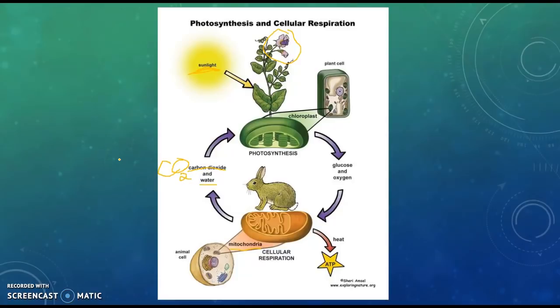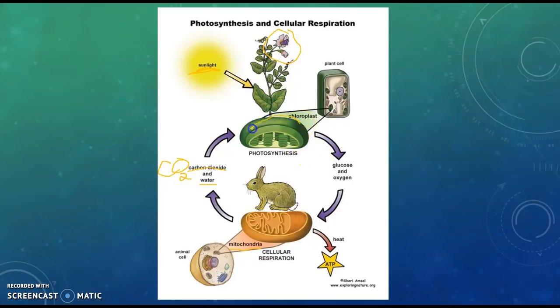It's going to be able to pull in that carbon dioxide from the atmosphere. It also is going to use water that it pulls in maybe from the soil or the atmosphere as well. So it's going to use this carbon dioxide, water, and sunlight to produce two different things.